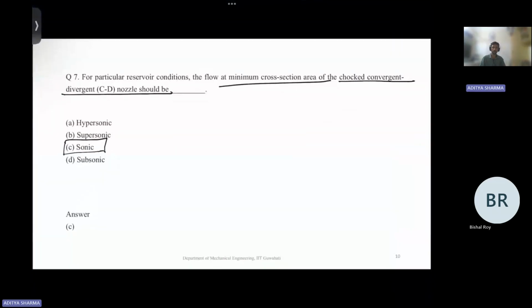So this was question number 7. Then we are done with the discussion on lecture number 17. Now we'll have discussion on lecture number 18 and lecture number 19.